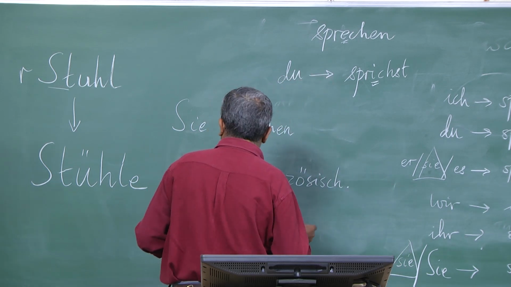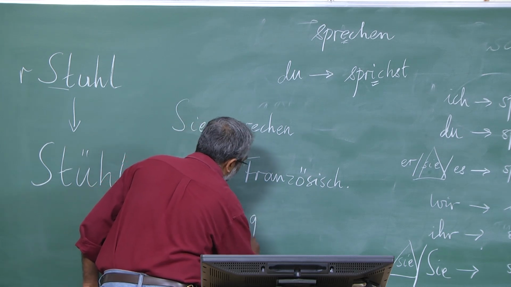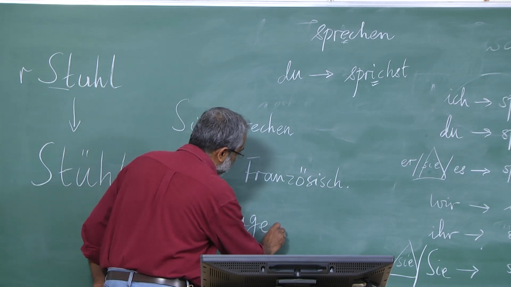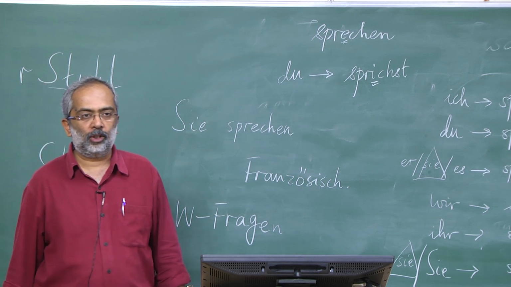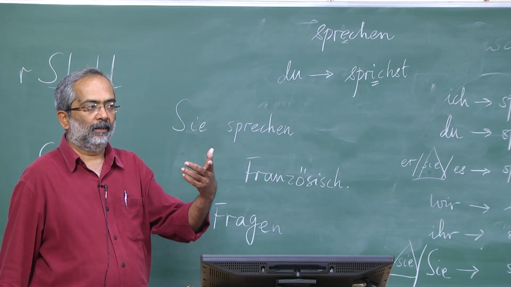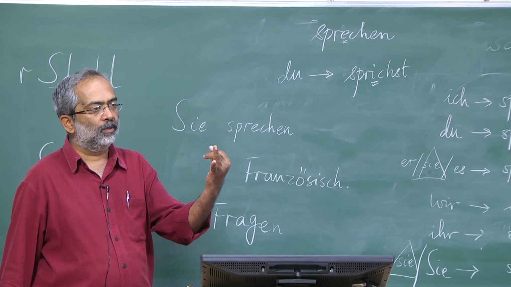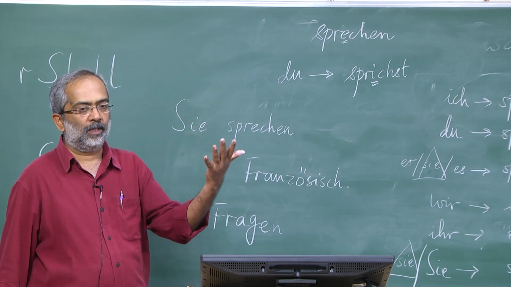Okay. So das sind alle Fragen. Frage is a question and Fragen is questions. W questions. Wie ist dein Name? Woher kommst du? Wo wohnst du? Was sind deine Hobbys? Welche Sprachen sprichst du?